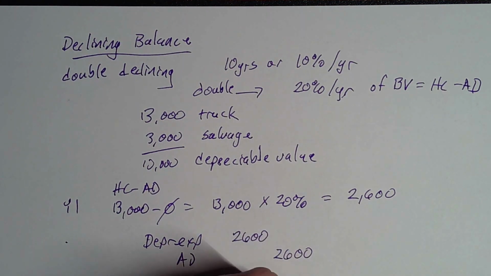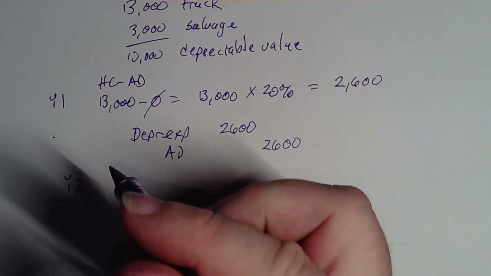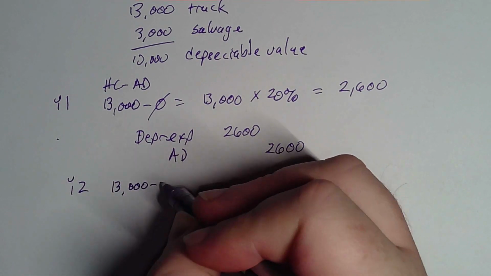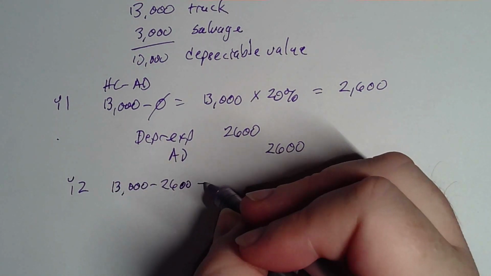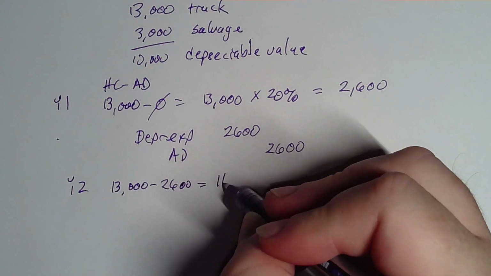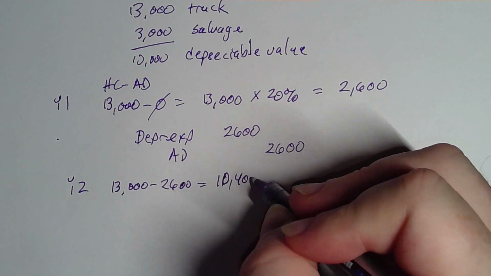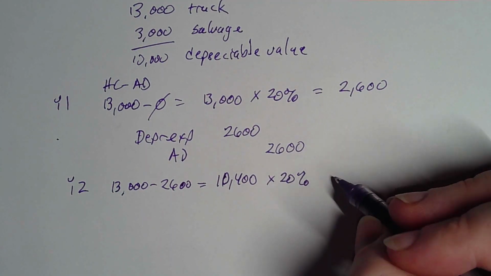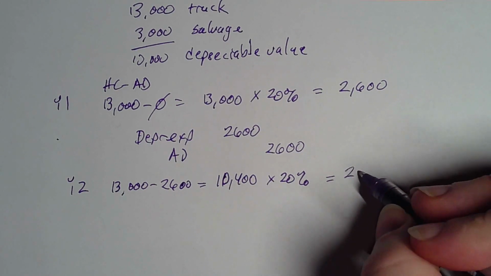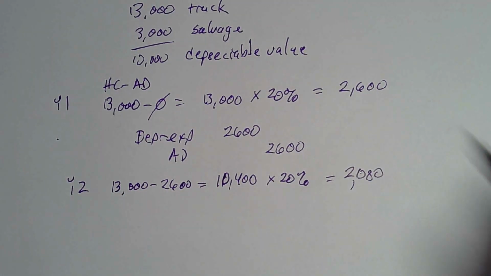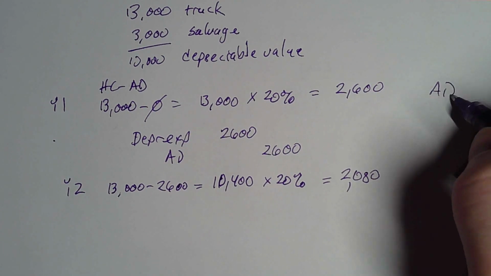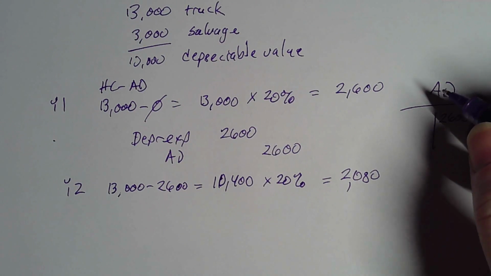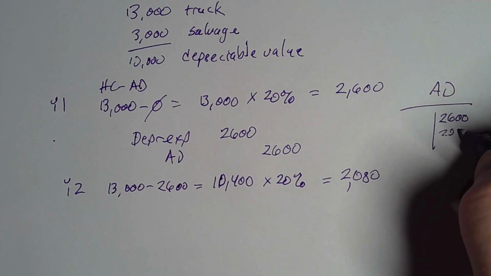Well, now in year 2, we have some depreciation. So it would be 13,000 minus 2,600 equals 10,400 times 20%, which would equal 2,080. And you would see in your accumulated depreciation, you would have 2,600, and then you would have 2,080.